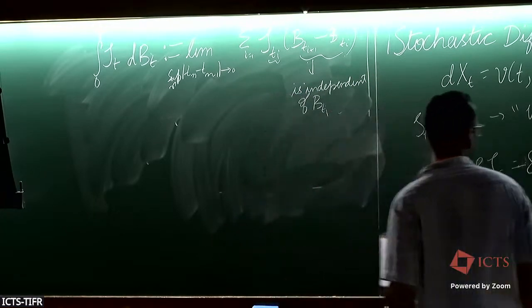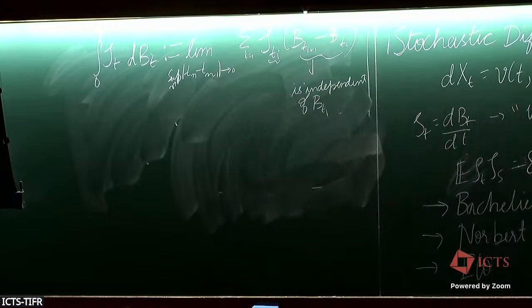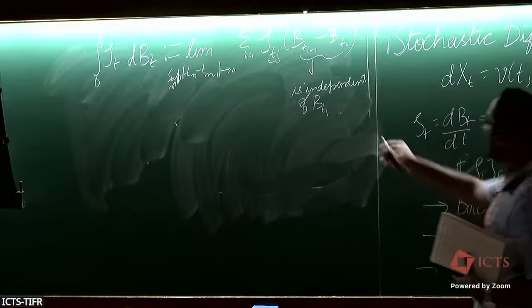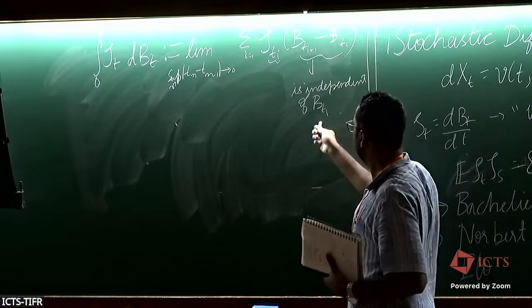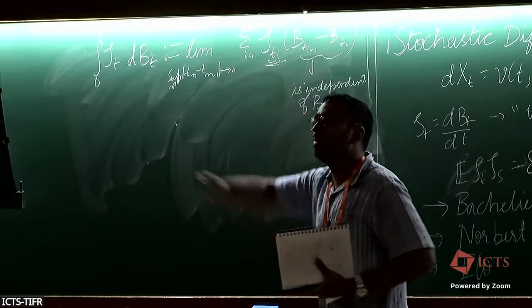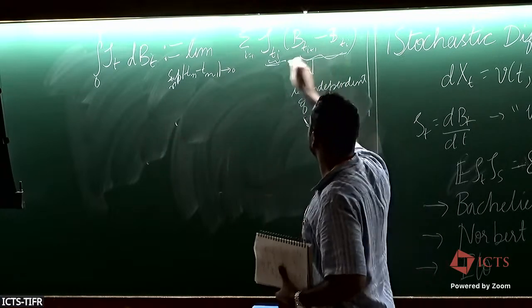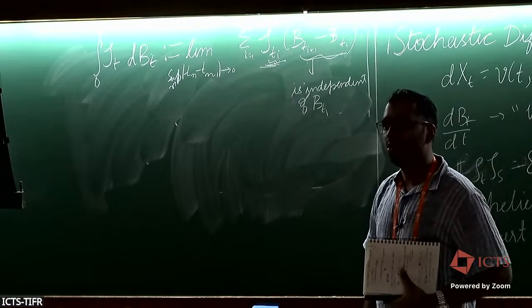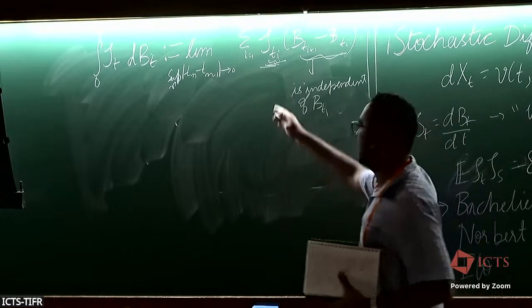Why? Because of our assumption 2 here. That is, any Brownian increment is independent of the past, right? So B_(t_(i+1)) minus B_(t_i) is independent of the past, and zeta_(t_i) is measurable with respect to the past. So this increment is independent of this. Okay. So now what can you say about the expectation of this quantity?